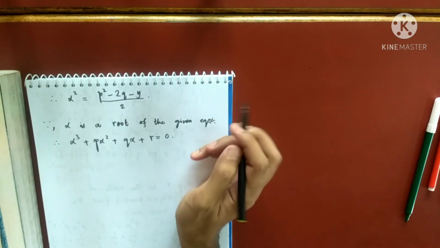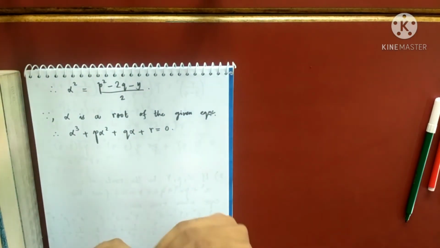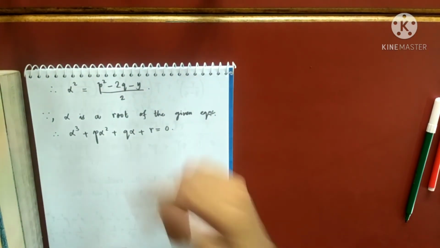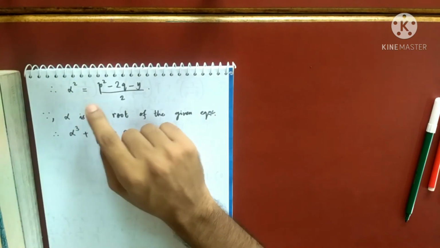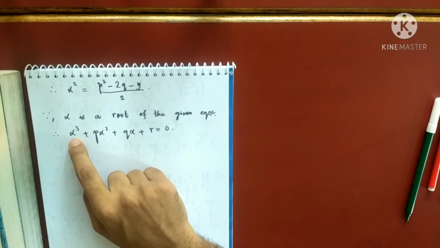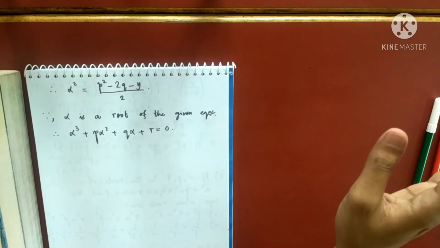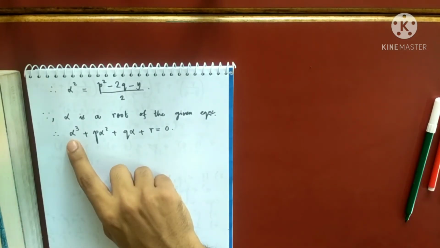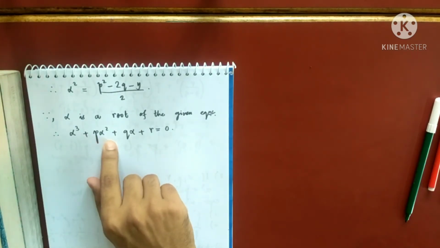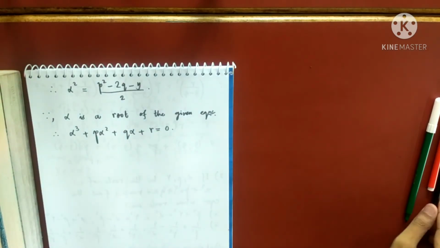That I know. Now here's the catch. Alpha will be root over of this, and if I put here alpha as root over of something, it will no more be a polynomial. It will be just root over of something and so on, which I don't want. So now my task is to express this polynomial in terms of alpha square.